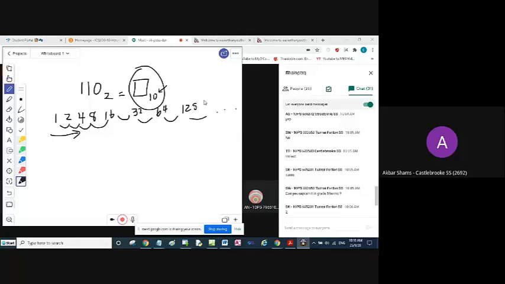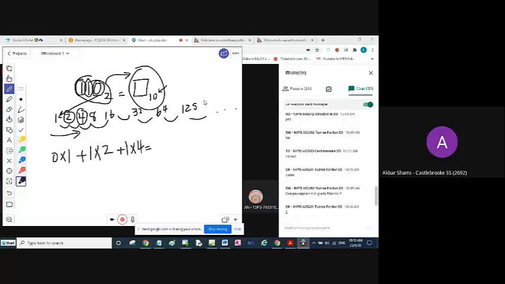Now, the way you convert a number in binary to a decimal number is that you take the first digit, which is 0, and multiply by the first number. So you get 0 times 1 plus 1 times 2, then the next digit, 1, multiplied by the third number, 4.